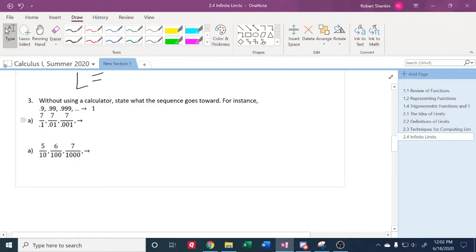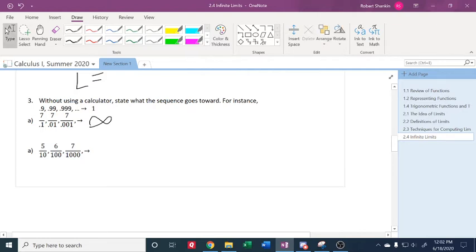Adding 1/10 to itself 10 times, I get to 1. And then I have to do it 7 times, so that's 70. And this is going to be 700, 7,000. What's this sequence going towards? As this gets smaller and smaller, this gets larger and larger without bound. So we say it's going towards infinity.